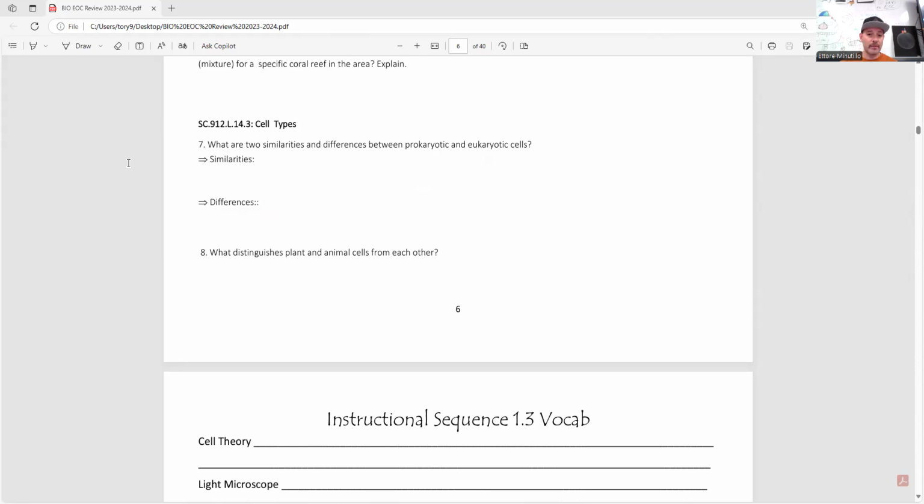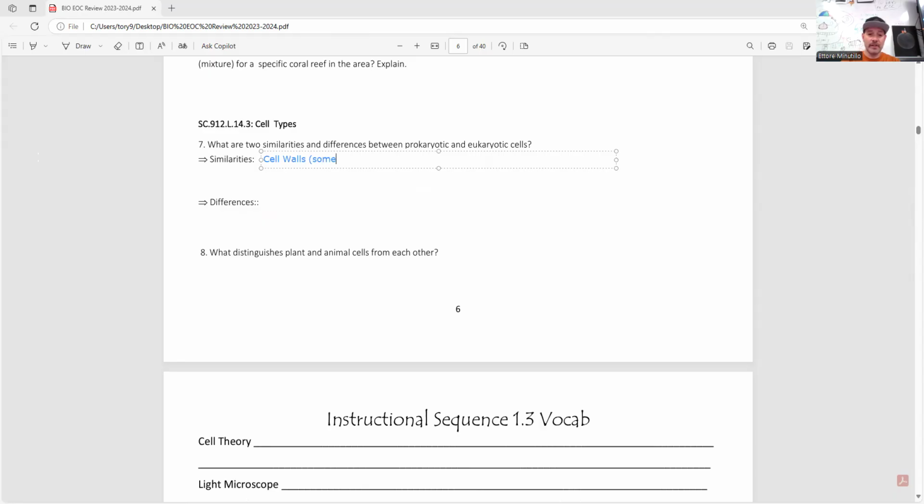Similarities and differences between prokaryotic and eukaryotic cells. I'm just going to kind of make a list after these for things that they have in common or not in common, and we'll see how this plays out. Similarities between prokaryotic and eukaryotic cells. Cell walls.